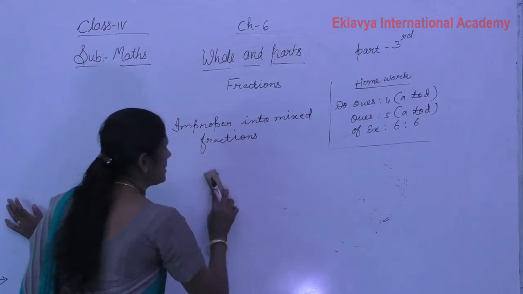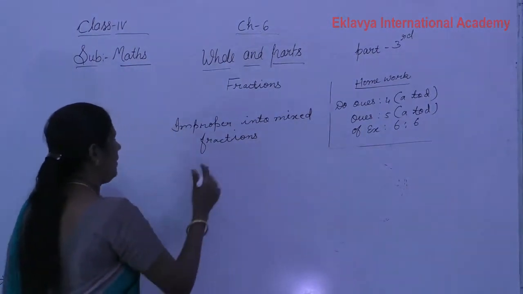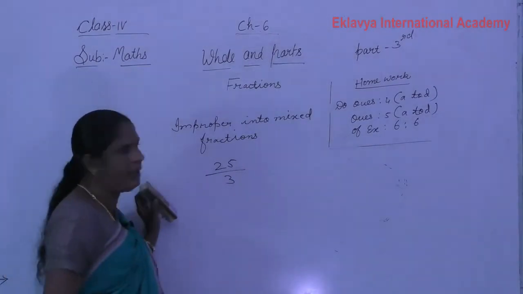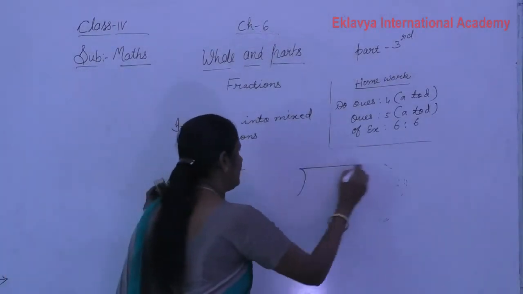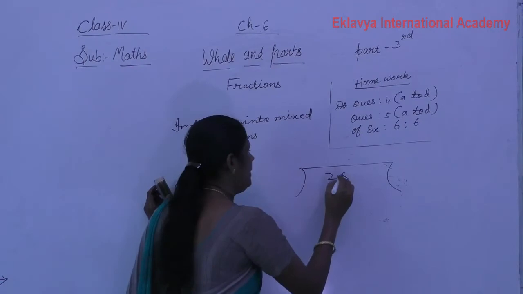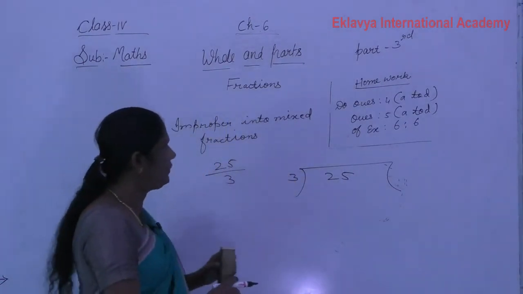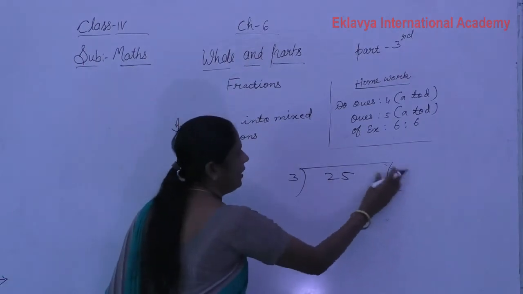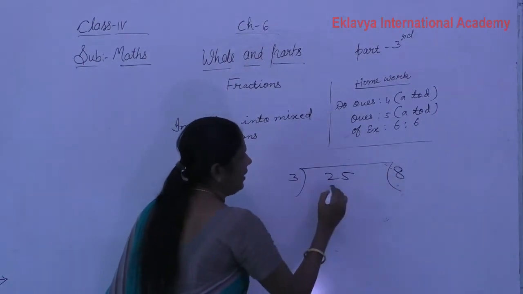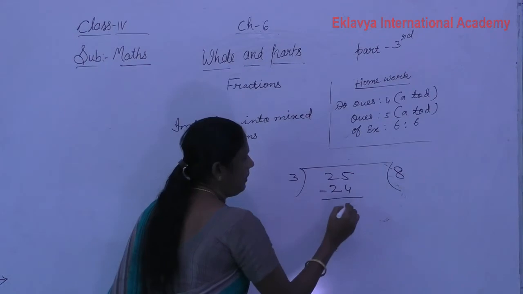Again one more example, 25 upon 3. Again you divide this number, 25 divided by 3. Say the table of 3, how many times gone? 8 times. Then 24, then minus.